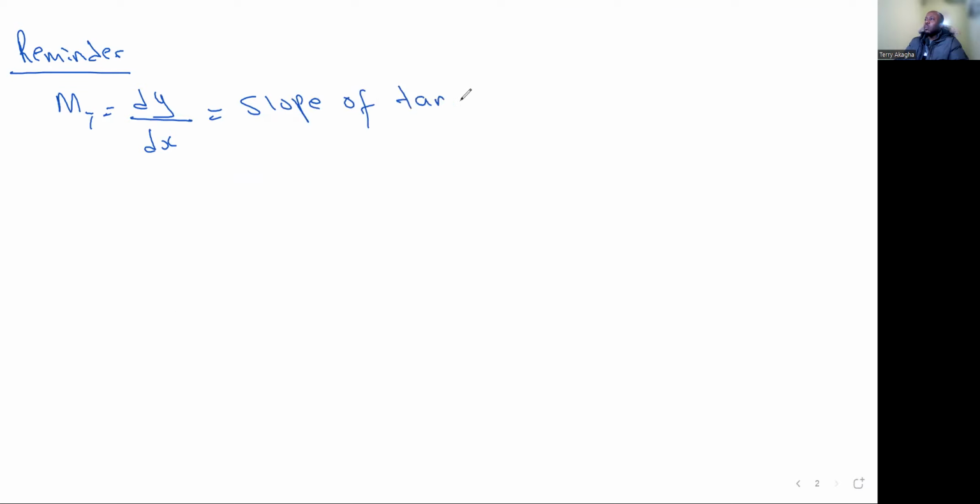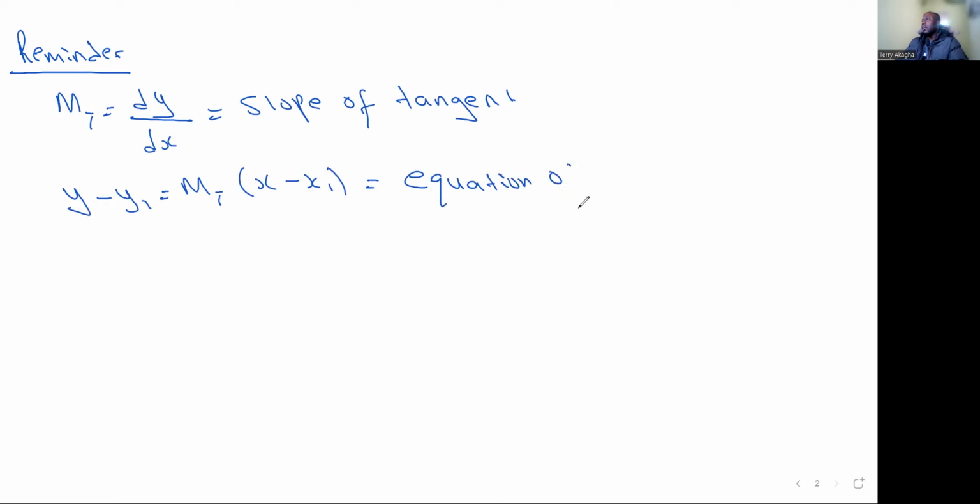I also explained that the equation of a tangent is y minus y1 is equal to mt times x minus x1, and this is called the equation of the tangent. We solved a question on this and I gave you an exercise to try.